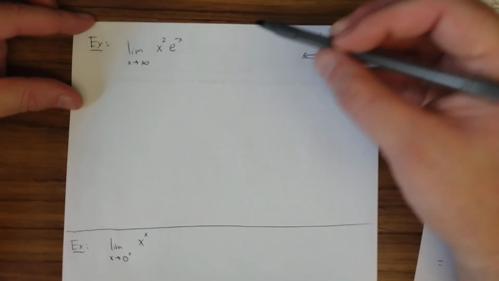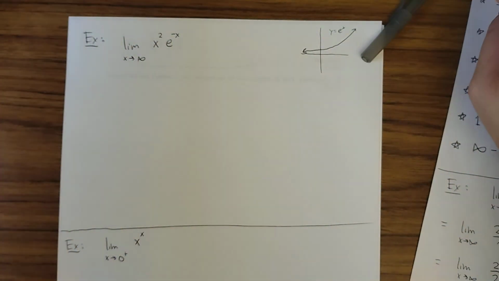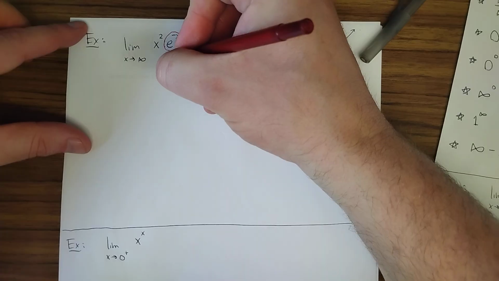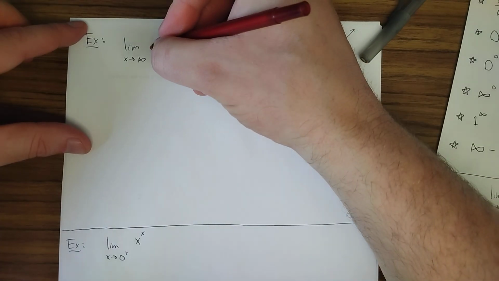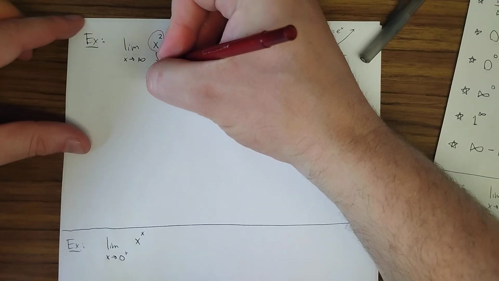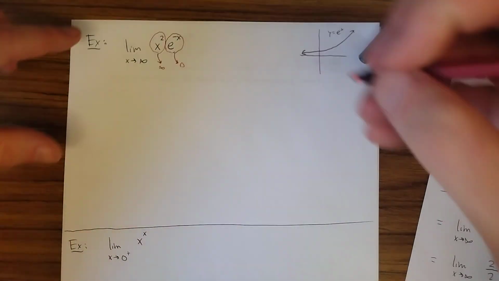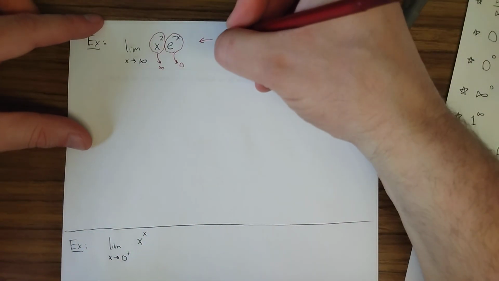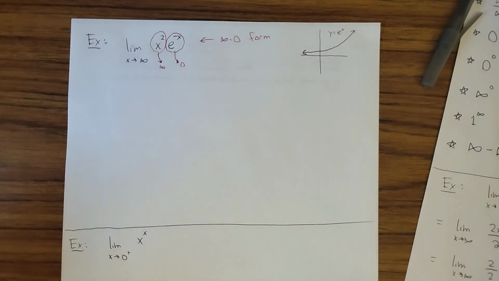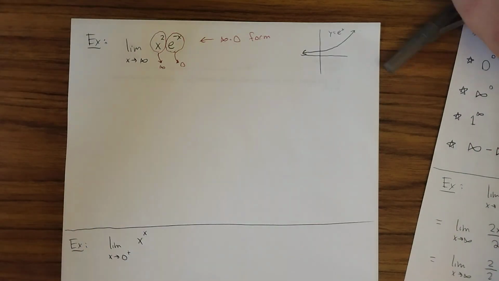So this goes to 0. Meanwhile, of course, x goes to infinity, so x squared also goes to infinity. So this is an infinity times 0 form.